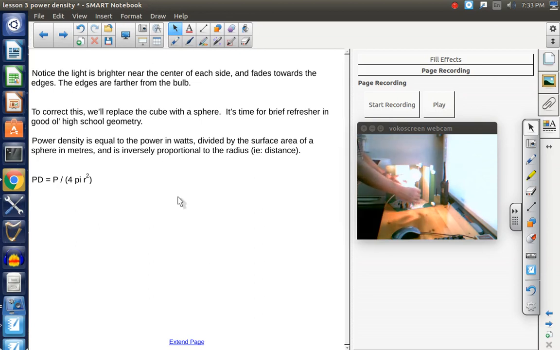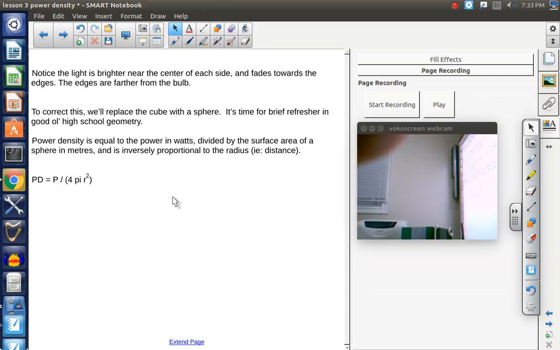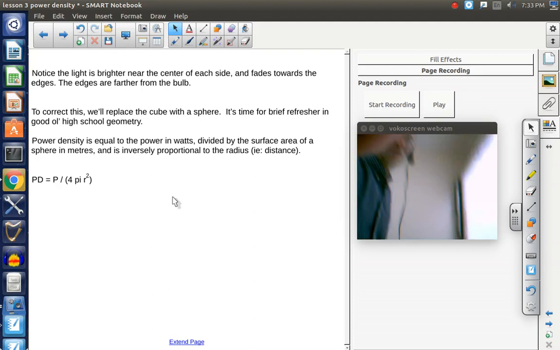So the math we're using right now is a square, and we need to improve that a little bit. We're going to replace the square idea with a sphere. So we'll do a little high school geometry review. Whoever thought you'd need surface area of a sphere?